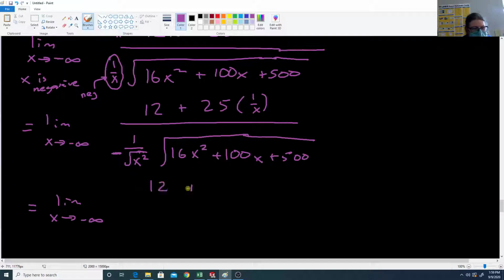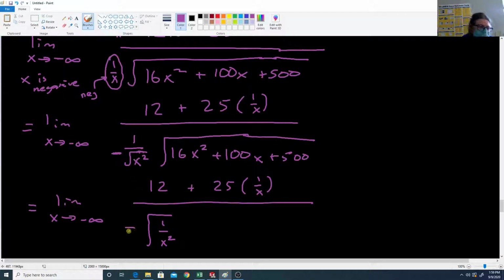To make it easier to see what's going to happen on the bottom, I'm going to write this as negative big square root of 1 over x squared. That's the same thing as that. Again, the negative is out there because 1 over x is negative, so whatever I'm using to represent it algebraically has to actually be negative. Since we're squaring the x, then taking the square root, that's going to leave us a positive, which we can't have, so we've got to make sure we get that extra negative there, or else when we get done, our sign will be wrong.